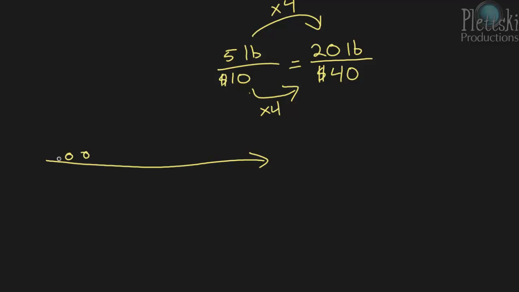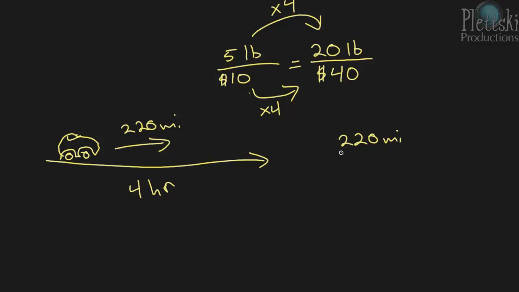So here's our car, and we're driving 220 miles. And it's going to take us 4 hours. So our rate is going to be 220 miles per 4 hours.